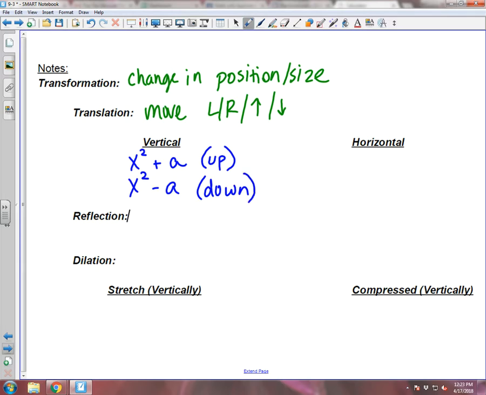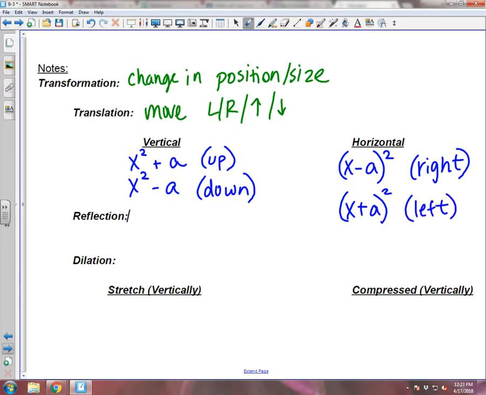If you have some number inside the parentheses that's being subtracted, this will be moved to the right. And if you've got some number inside the squared parentheses that's being added, it will move it to the left. Remember, this is the opposite of what you typically think. If we subtract it, we go to the right. If we add it, we go to the left.